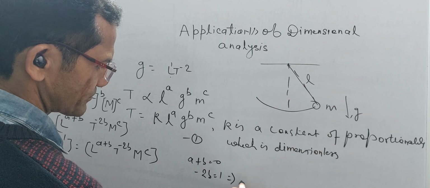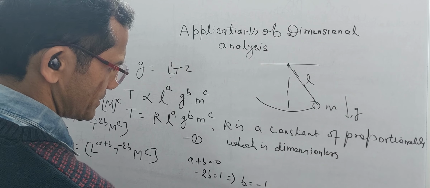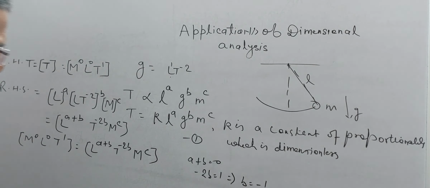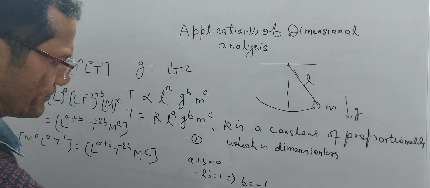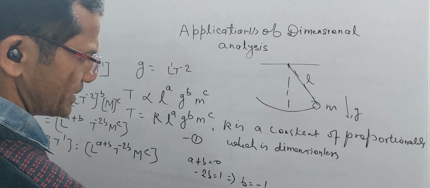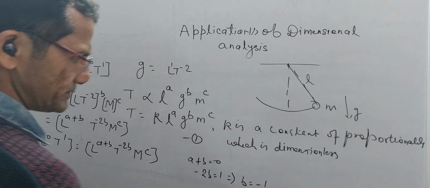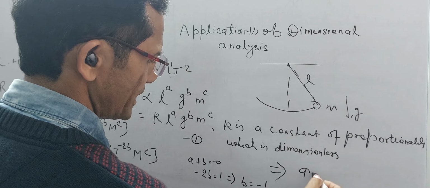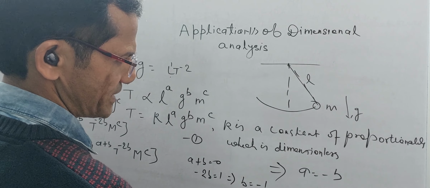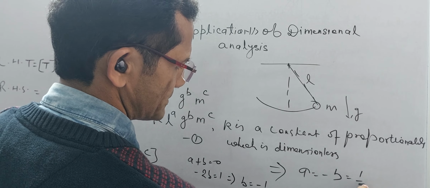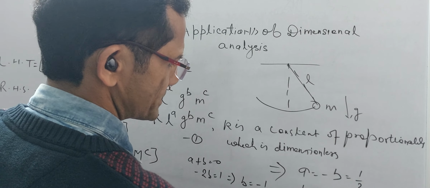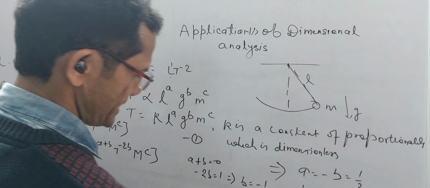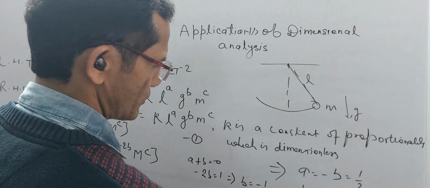From here, b will be minus 1 by 2. And mass has the dimension c, here mass has the dimension 0. Therefore c will be 0. If I calculate all these values, a is equal to minus b, and b is equal to minus half, therefore a becomes half, b has the value minus half, and c has the value equal to 0.